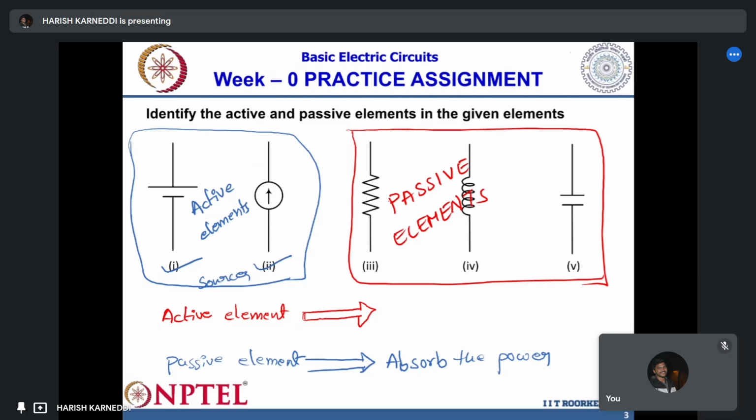So the sources, voltage source and current source, are the active elements. R, L, C are the passive elements. I hope this question is clear. We are moving to the next question.